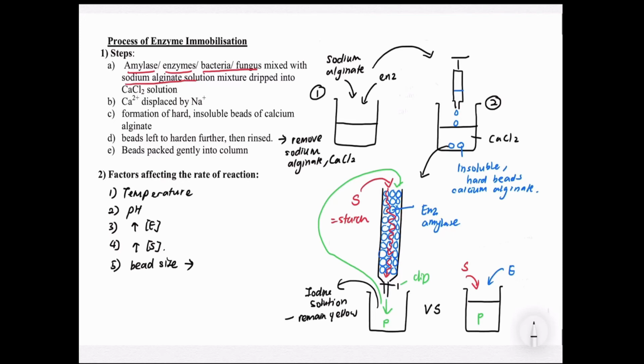This is where it's related to surface area over volume ratio, where the smaller the beads, the greater the surface area over volume ratio. Then you will have a higher rate of reaction. And another thing, it could be affected by the column length and the flow rate.